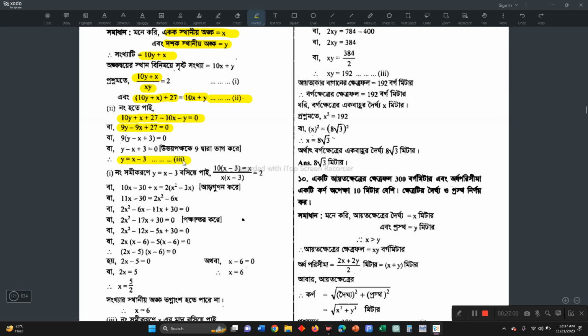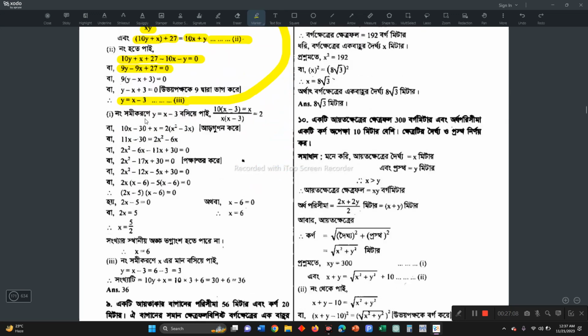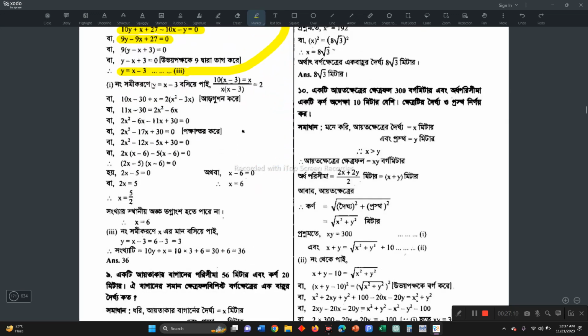This is equation number 3. Now putting this value of y here and here, we get 10x minus 30 plus x is equal to 2 into (x square minus 3x), so 11x minus 30 is equal to 2x square minus 6x.